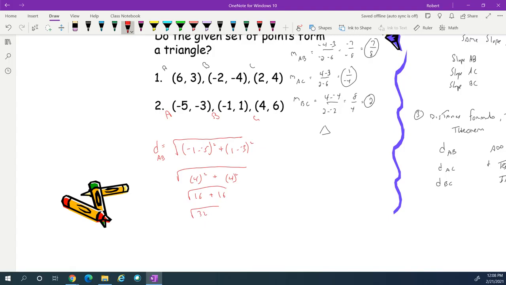And since I don't really want to round if I'm going to test all this, but let's see how these numbers work out. We have distance of AC. 4 minus -5, 6 minus -3.